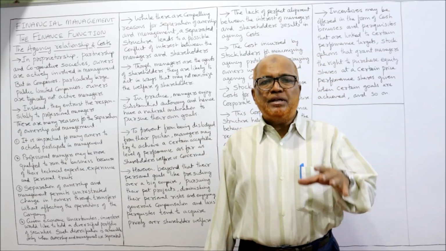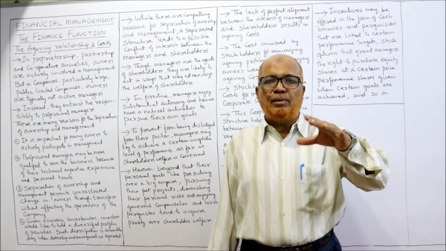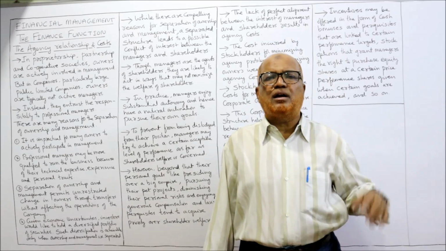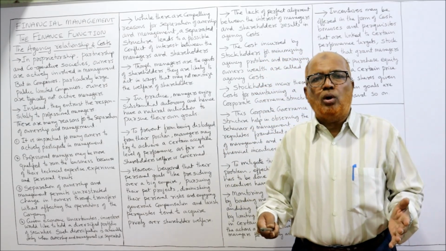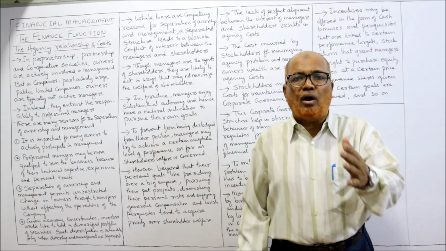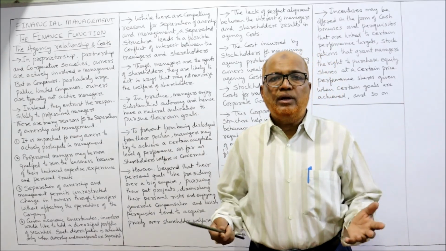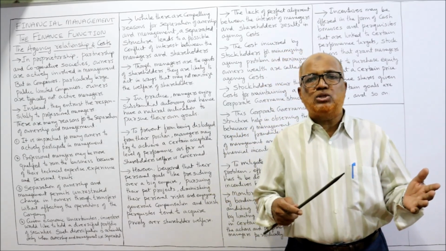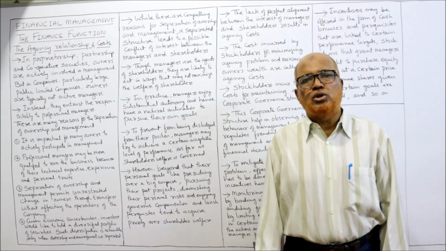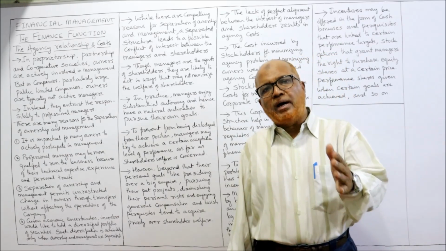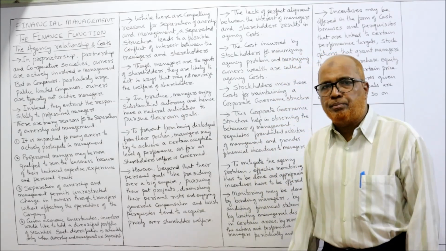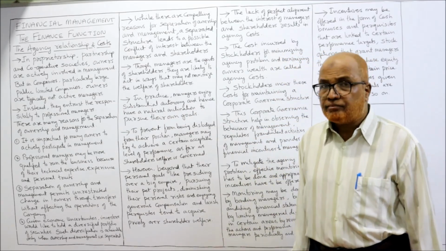Diversification. That means an investor will purchase the shares of different companies. That means he is the owner of different companies. How can he go and manage all the companies? It is not possible. That is the reason why there is separation of ownership and management.